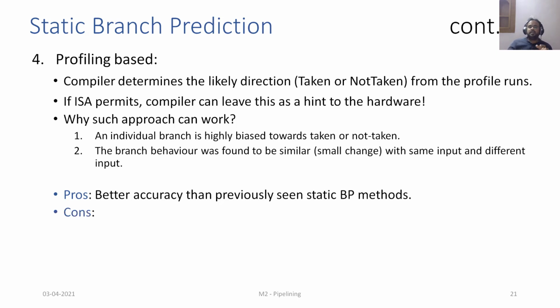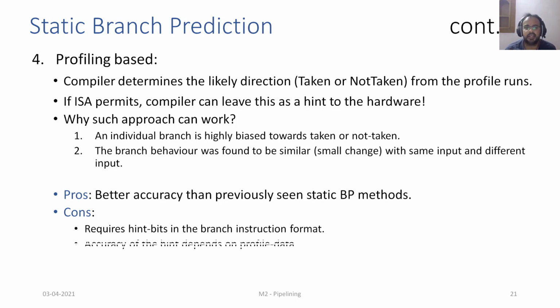But on the flip side, the demand from profiling based branch prediction is that there should be some provision in the instruction format where the compiler can leave hint bits. That is not usually the case for all ISAs. And also the accuracy of the hint bits will be highly dependent on the profile runs that the compiler does.